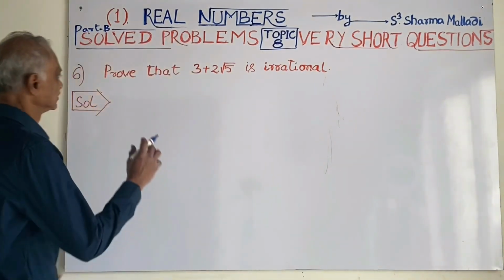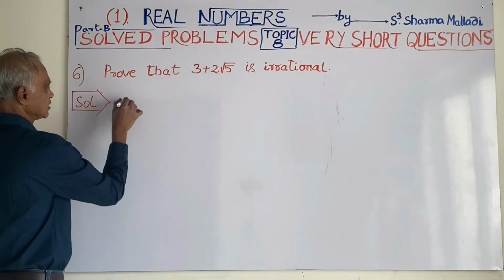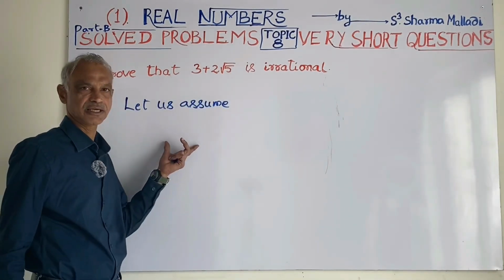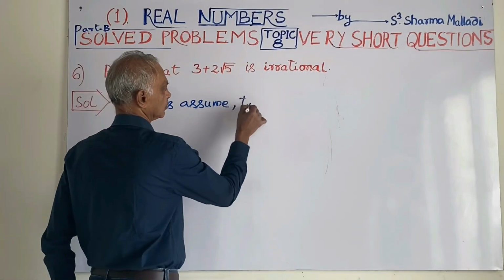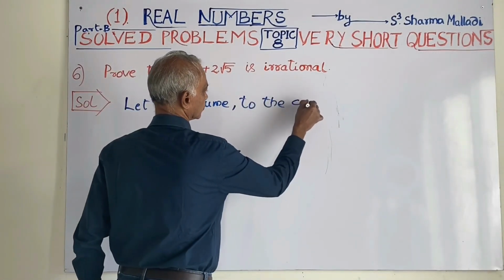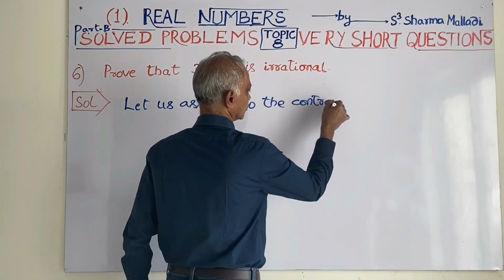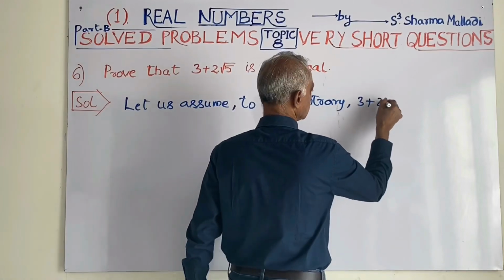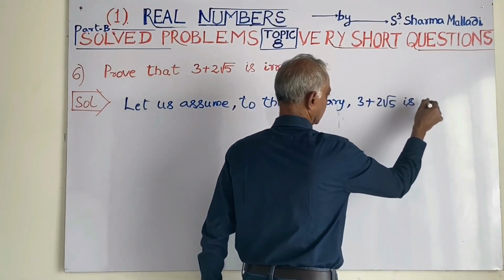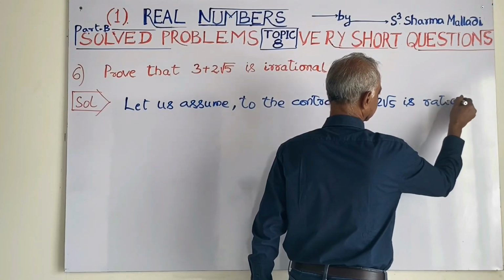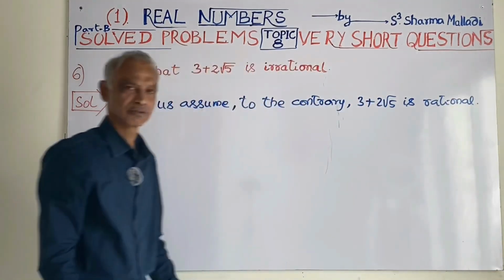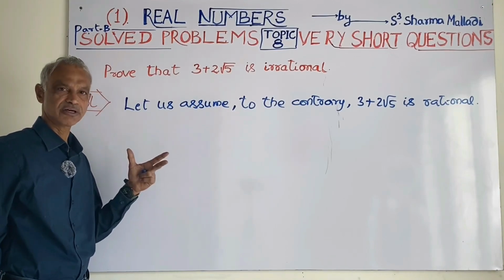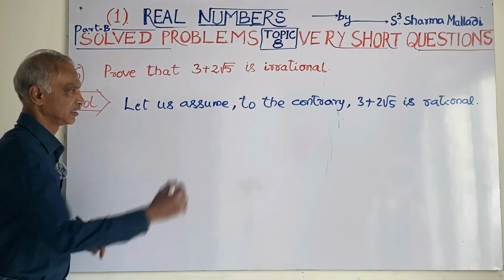Let us assume to the contrary that 3 plus 2 root 5 is rational.